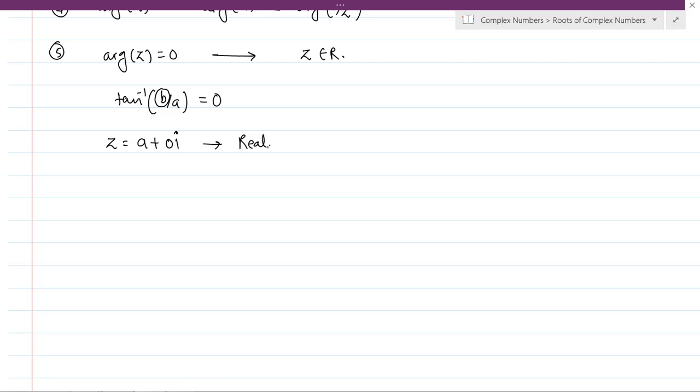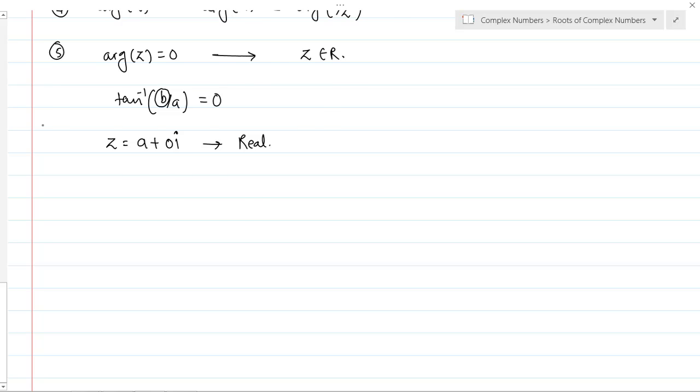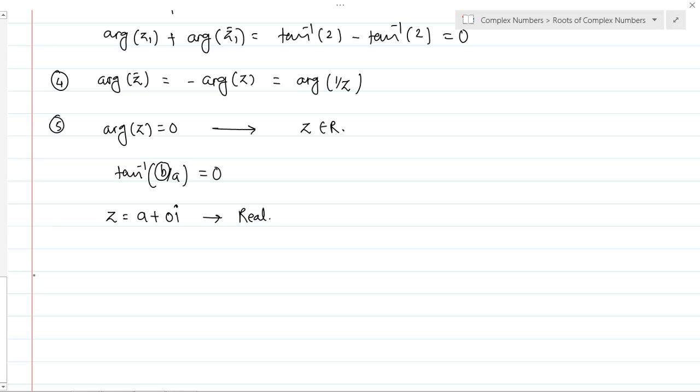Okay, perfect. Now let's see the next important part of the complex number. Till now, whatever we have seen is the standard form of the complex number, represented as z is equal to a plus ib.